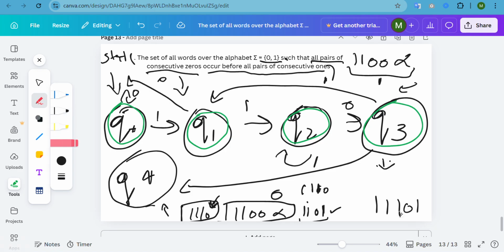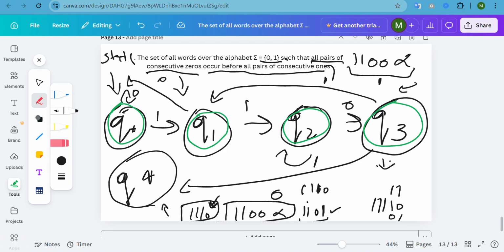Let me see. 1, 1, 1, 0, 1 is possible. 1, 1, 1, 1, 0, and then 0, 1, and then 1, 1, and then 0, and that's all that we can go. So let's look at it. 1, 1, any possibility of 1, this is perfect. And then let's start with 1, 0, this is possible.